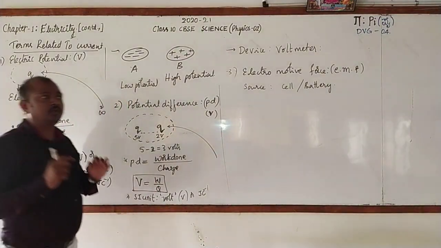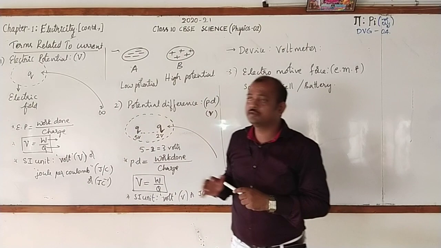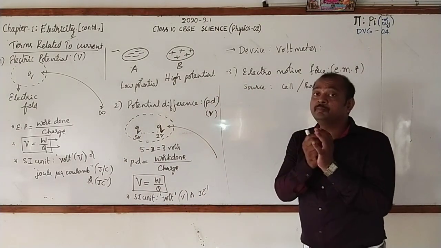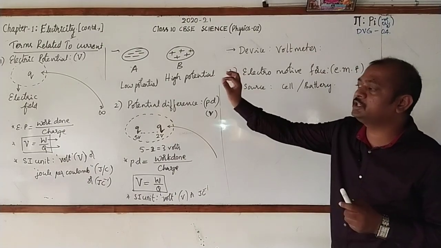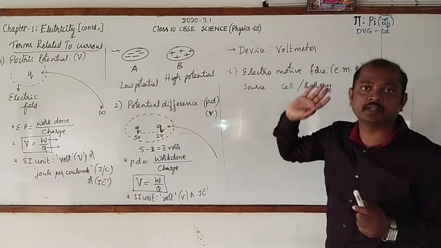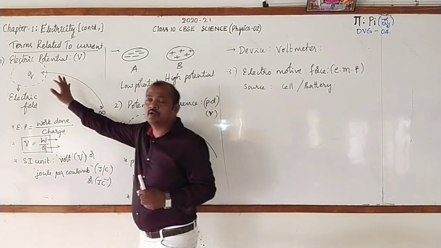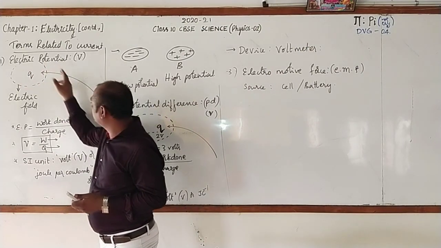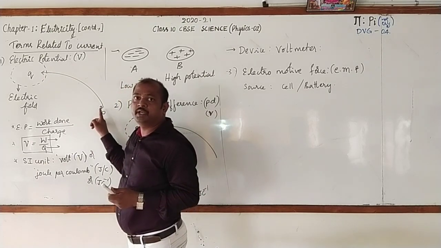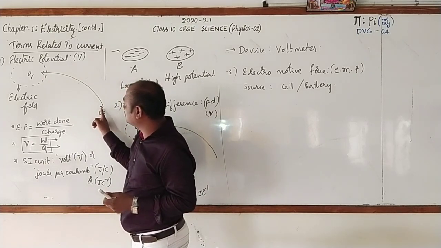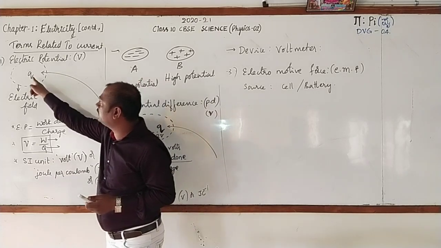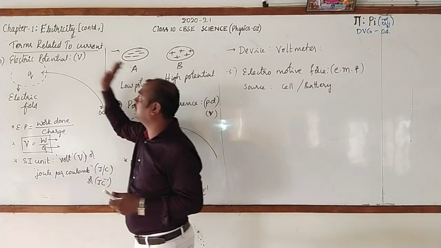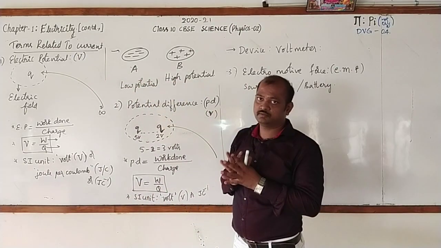Now, you are going to write these points, so you have to pause the video and copy the points. But before that, let me tell you the definitions one by one. Listen carefully. Here I am not writing, but you should copy that. Electric potential: the work done in bringing a unit positive charge from infinity to the given point in an electric field is called electric potential.